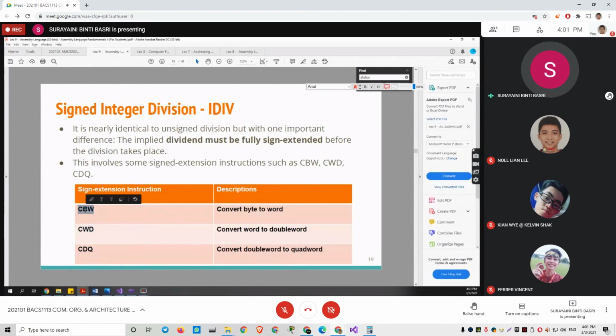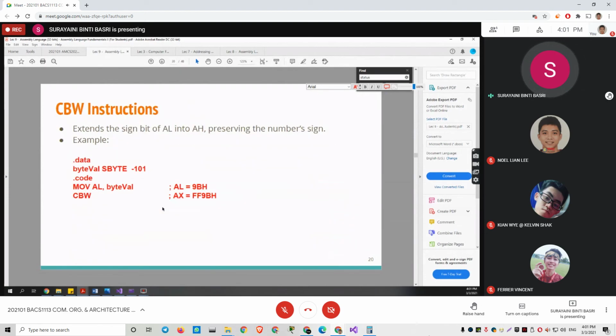Similar to CWD, but CWD will extend the 16 bit into 32 bit.